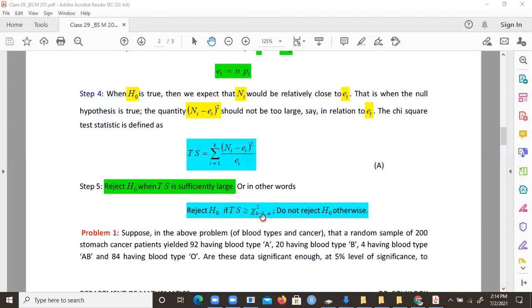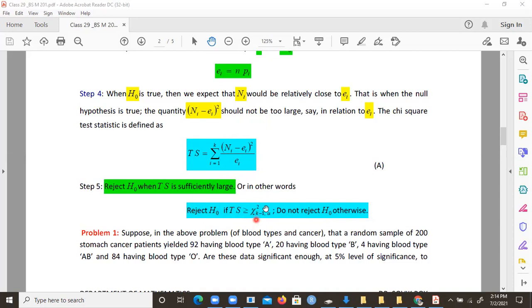Just like we did in the case of the T statistic and the Z test, we are going to test our calculated value of TS with respect to the tabulated value of chi-square at the specified level of significance. If my calculated value is more than the tabulated value, you reject H naught.